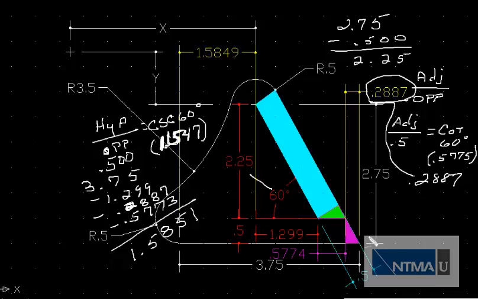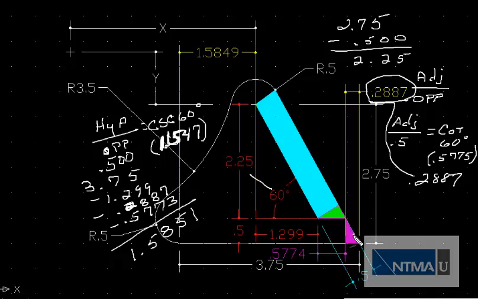Then I'm going to put in this green angle over here. Actually, I'm going to do this angle here first because I've got this one over here. I'm going to look for the adjacent side. This is 60 degrees inside here.